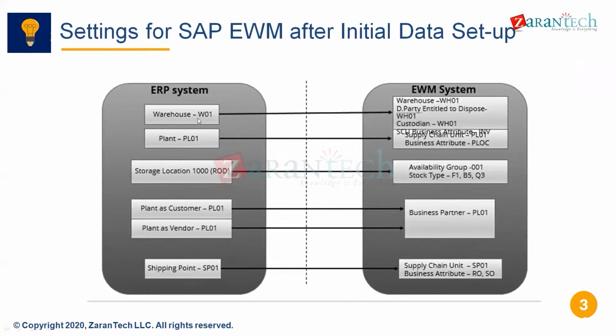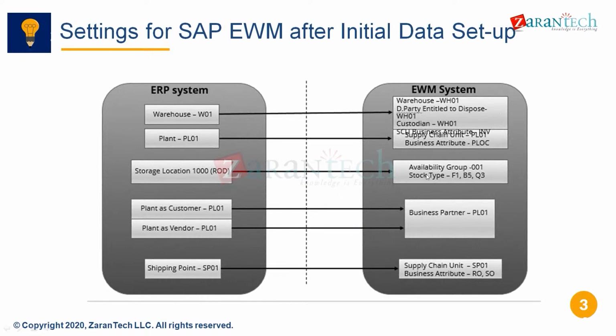So in ERP we have warehouse W34, and in EWM WH34. We have maintained the party entitled to dispose and the custodian. The plant is created, and we have also created the warehouse with the attributes INV and planning location. We could have also created the supply chain unit in any other code, in the plant code too, but we have done it in the warehouse code.